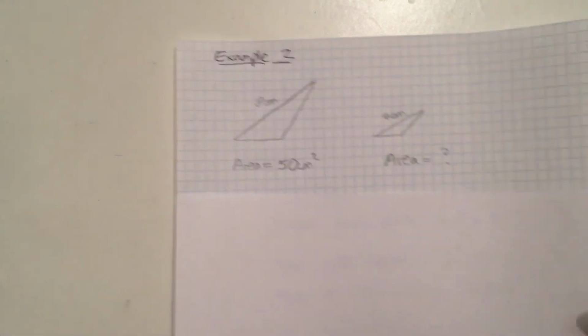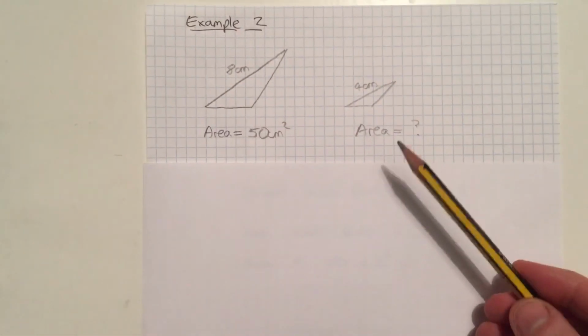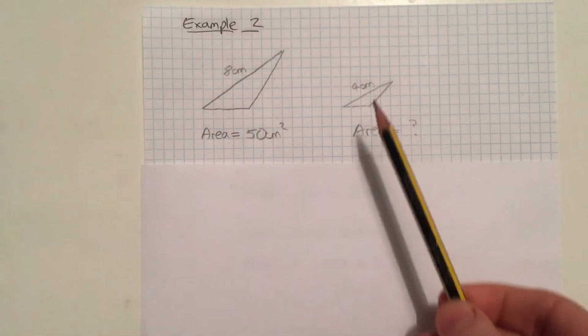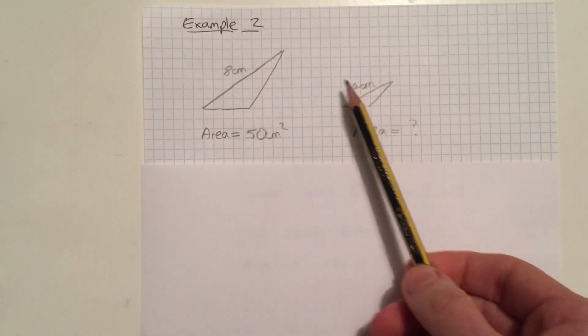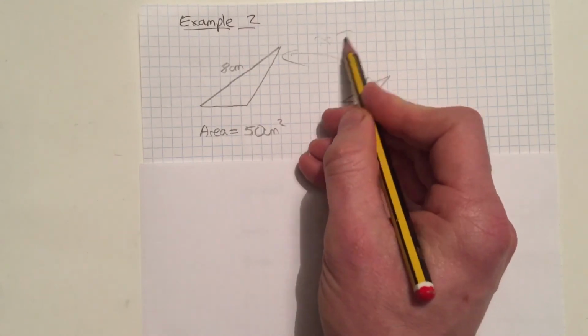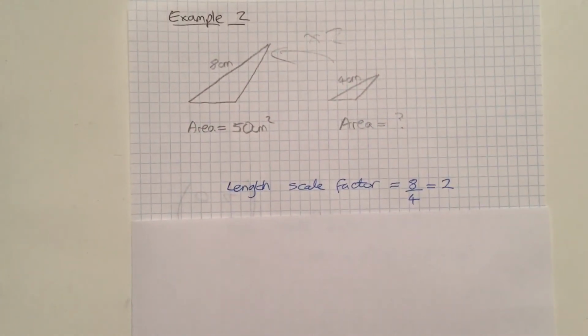Second example, I've got a triangle over here where this length is 8, and a triangle over here where this length is 4. I want to work out the area of the smaller shape. Straight away I can look at these two and you can see that the length scale factor is 2.